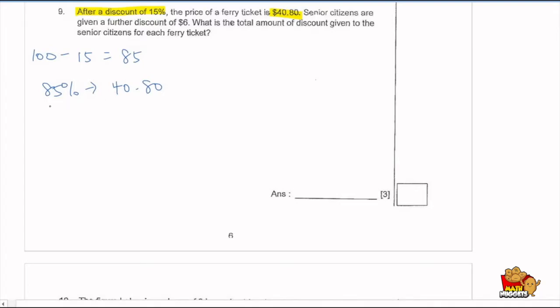So let me find out the discount first, which is 15%. So I'll do this. $40.80 divided by 85 to find 1%.